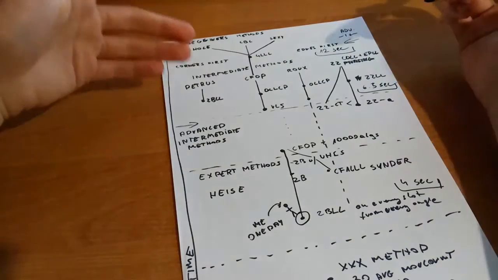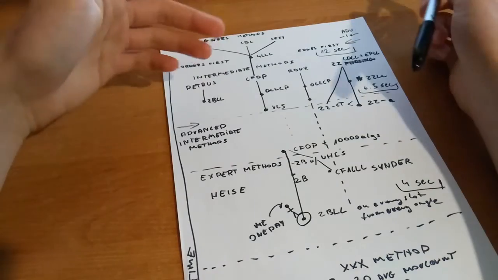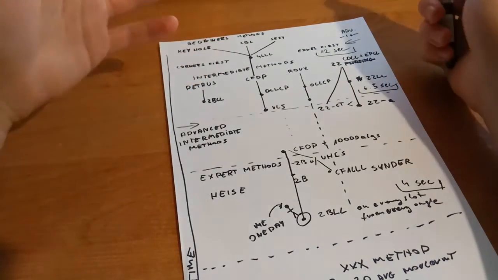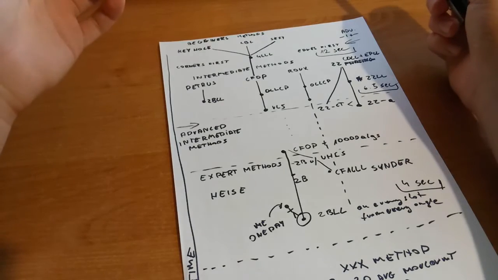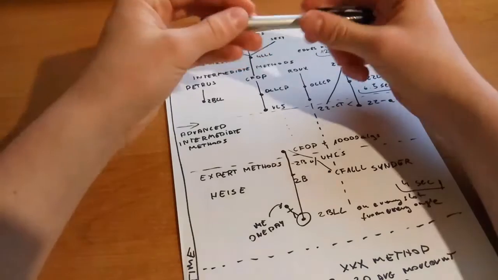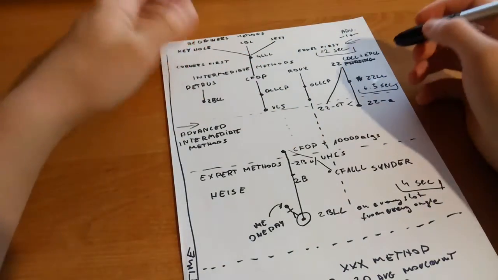So for intermediate methods, basically Big Four, Petrus, CFOP, Ru, and you can advance them, and also ZZ. ZZ is kind of different because for me ZZ is like Linux in terms of software, because it's so open.